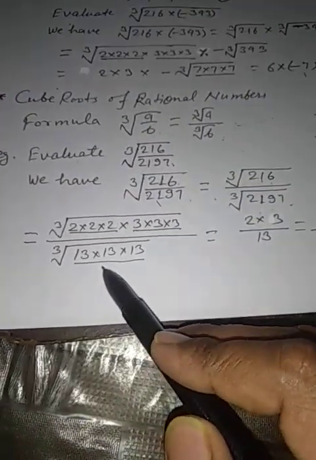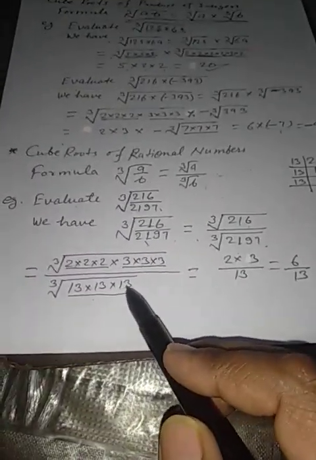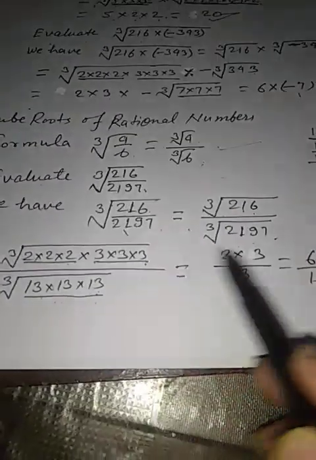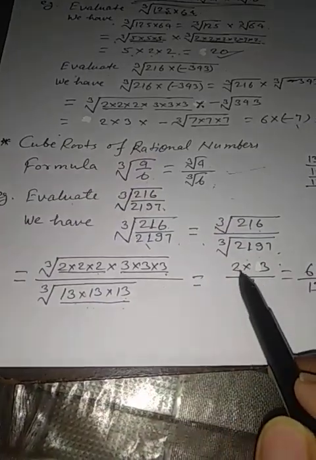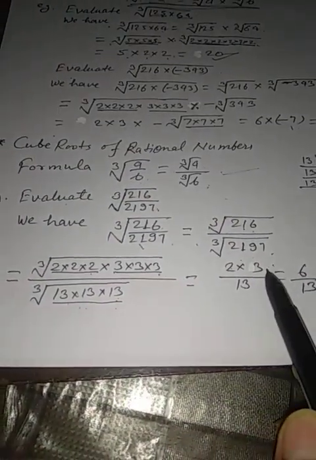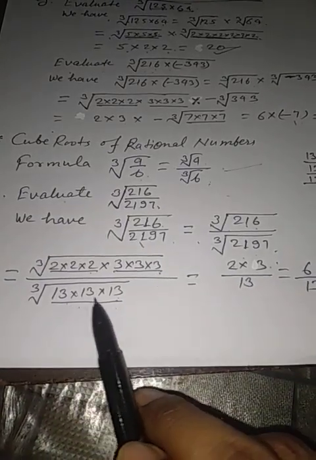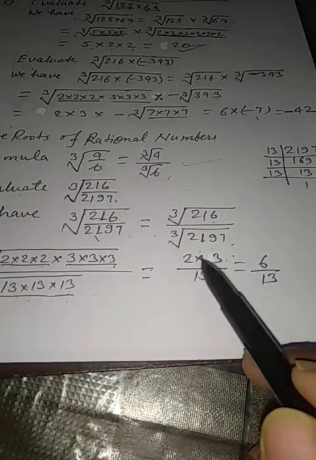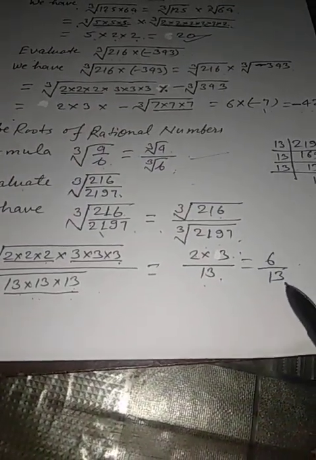For each triplet I take out one factor: 2, 3, and 13. Now it will be 2 into 3, which is 6, by 13.